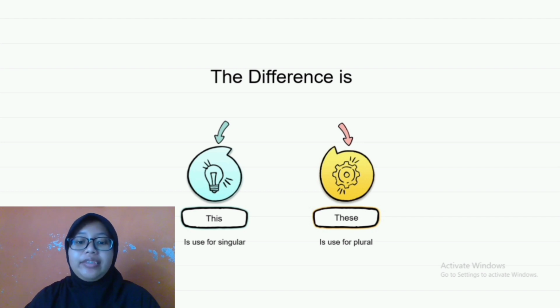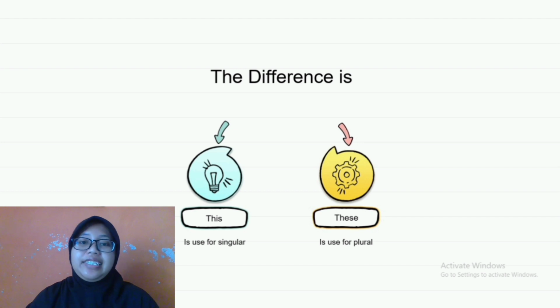And the word these is for plural nouns. The use is the same as the use of the word those. When you use the word these, you need to put an s on the back of the noun, and the to be that is used is are and were. Examples: these dogs are cute.